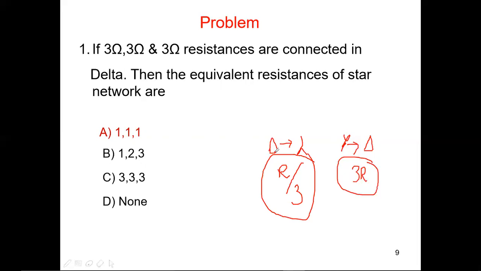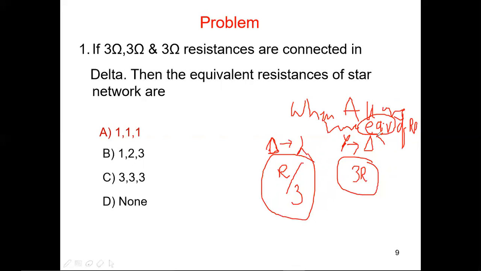When all arms have the same value of resistance, please try to understand that word, all arms have an equivalent value of resistance. Only when all arms have the same value of resistance does this principle come into the picture.